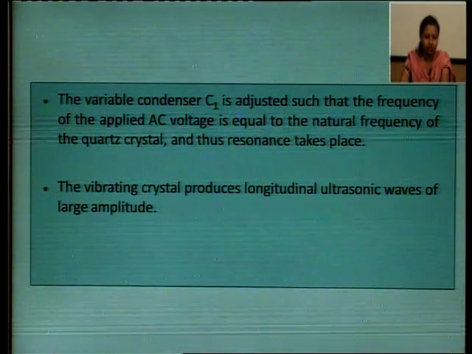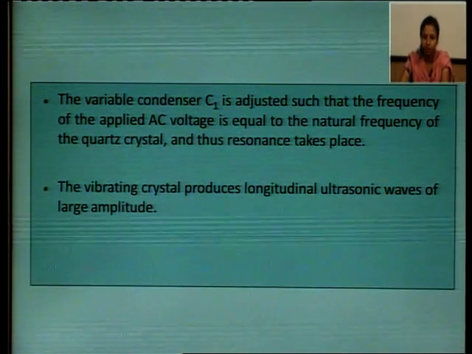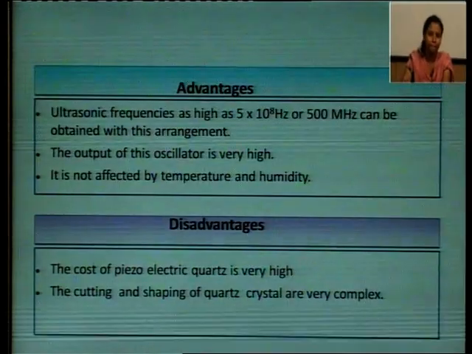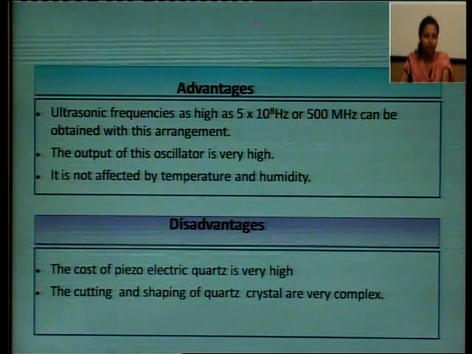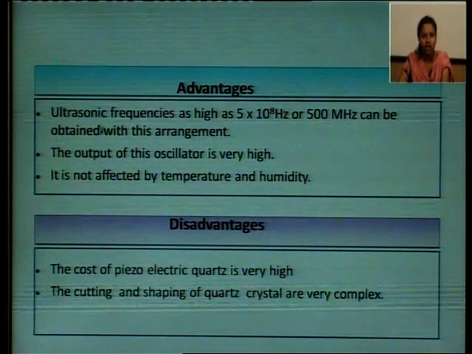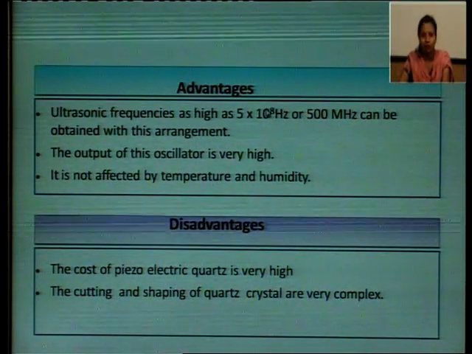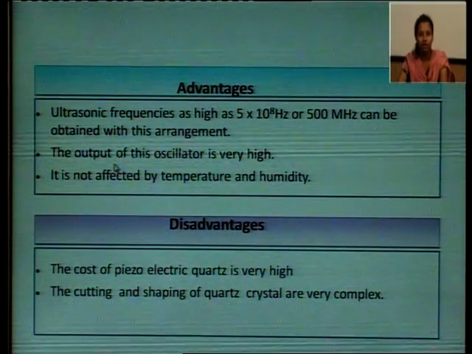The basic concept behind this is that if resonance takes place, then they will produce waves. The advantage of this method is that ultrasonic frequencies as high as the order of 10 raised to power 8 can be produced with this arrangement.